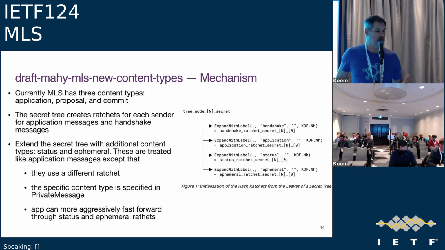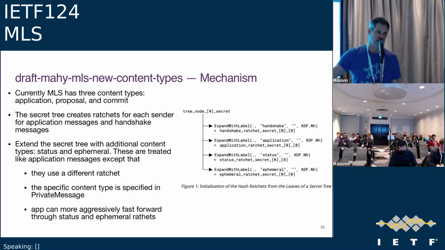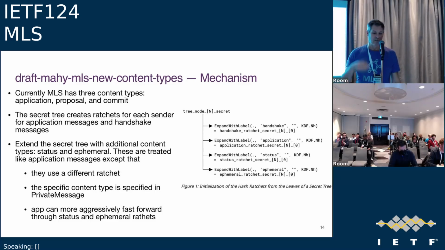If we see that there are a bunch of messages in previous epochs for one user, but there's one recent status message, I can just throw away those other messages, take the most recent message, fast forward to that generation, and decrypt it. With ephemeral, I don't even need to look for the last one. I just throw them away unless I'm actively online, and then I decrypt it.